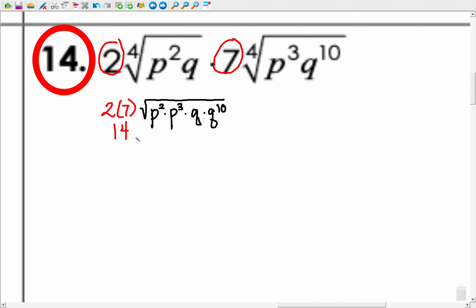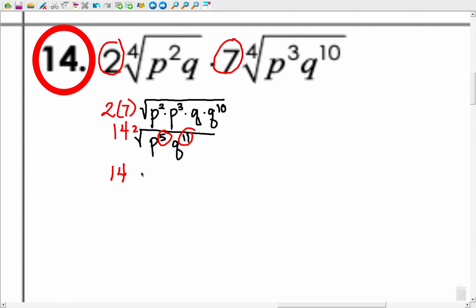Alright, let's bring this all together. That is going to give me p to the 5th and then q to the 11th. You have an invisible index of 2. So I'm looking for multiples of 2 here. Now let's bring down this 14.